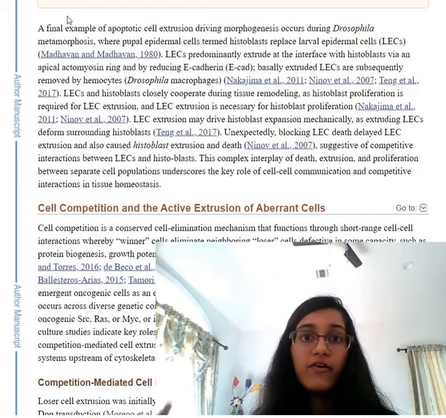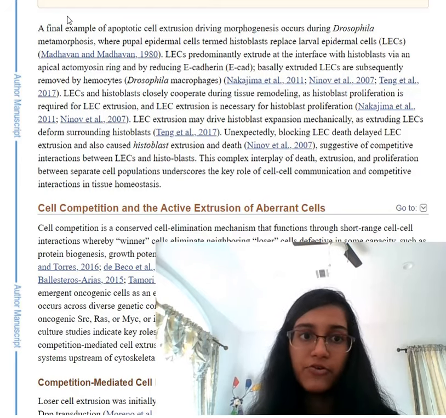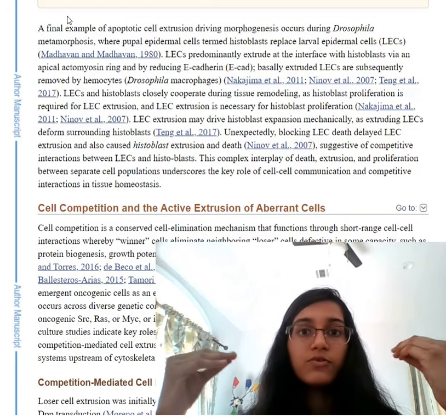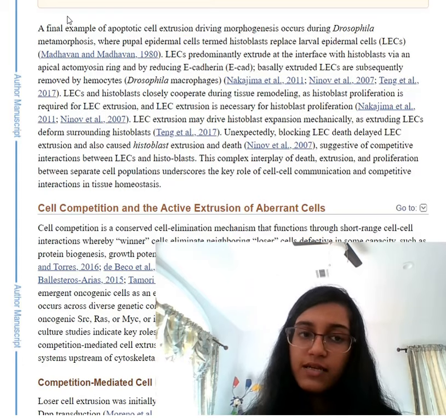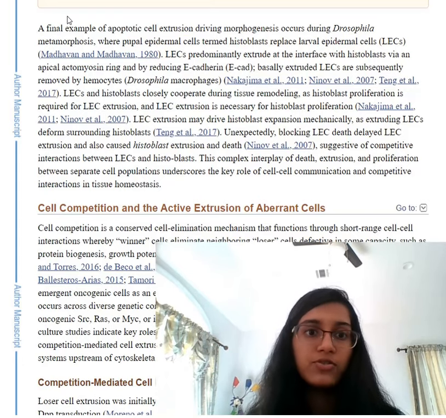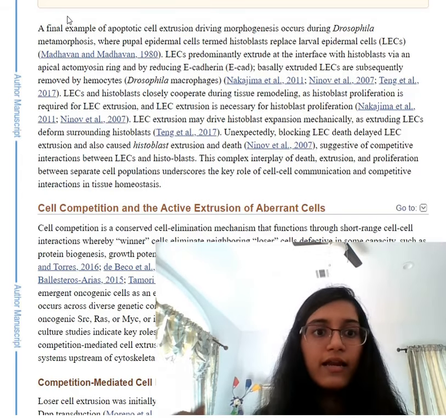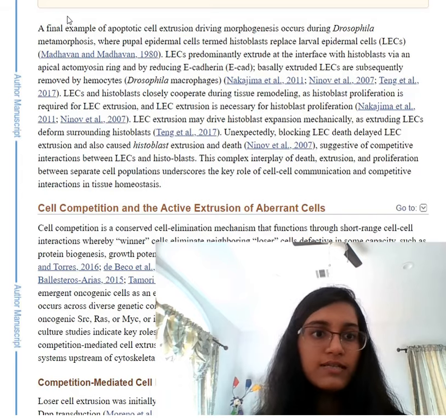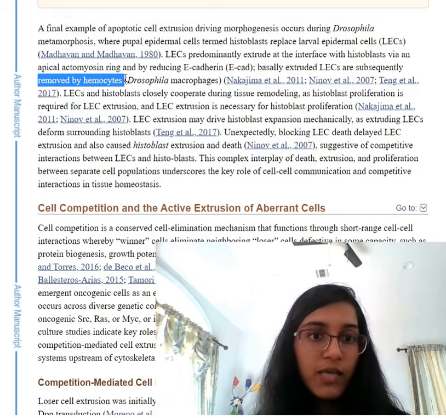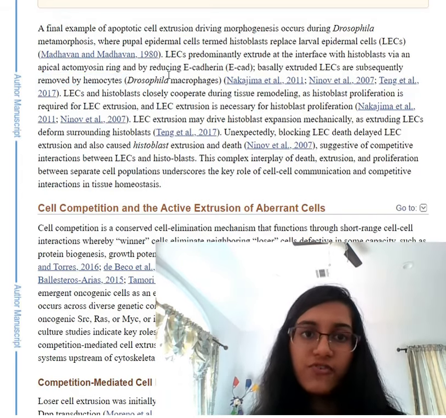So again, you have a very similar process happening here, with the actomyosin rings forming on the apical surface and pushing the apoptotic cells to the basal surface. And these LECs, which are pushed down, then undergo apoptosis and, they say, are removed by hemocytes, which are Drosophila macrophages.